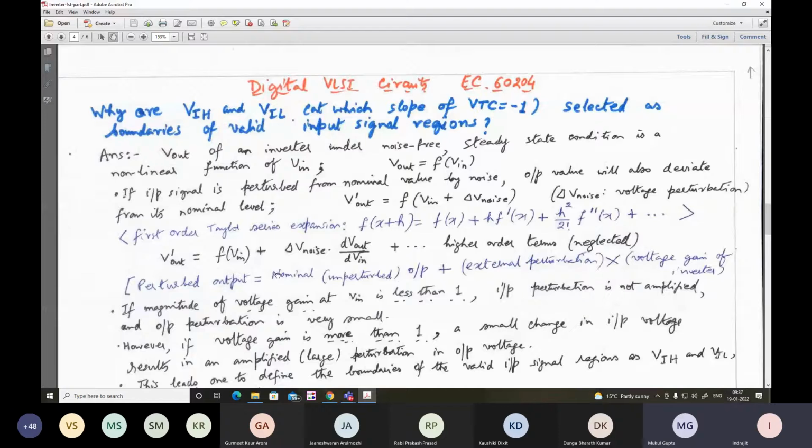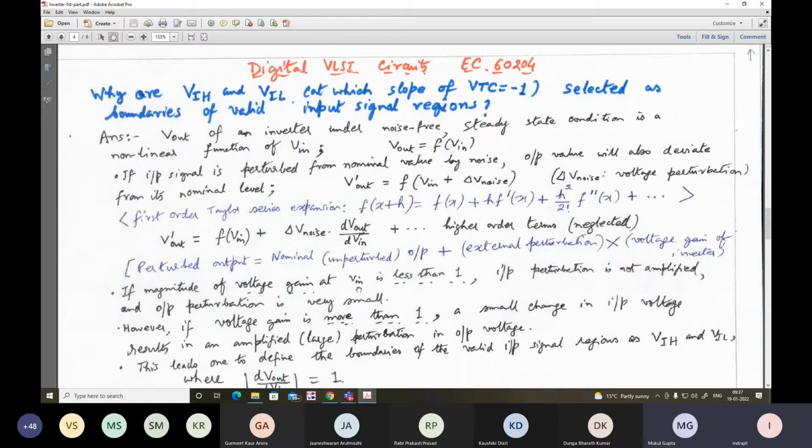Now, if we restrict ourselves only to the first order term and neglect the higher order terms, because delta Vnoise is a small value, and the higher order terms are smaller, then we can restrict ourselves to this only. That means the perturbed output equals the nominal, unperturbed output plus the external perturbation, that is the noise, times the voltage gain, dVout/dVin.